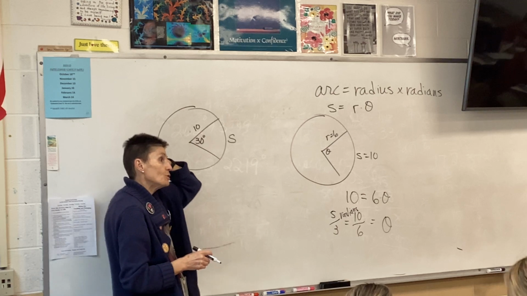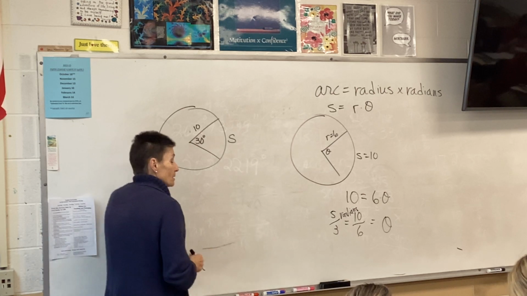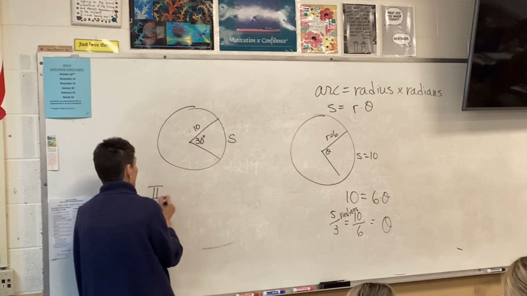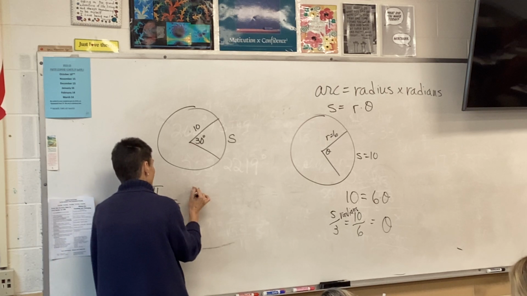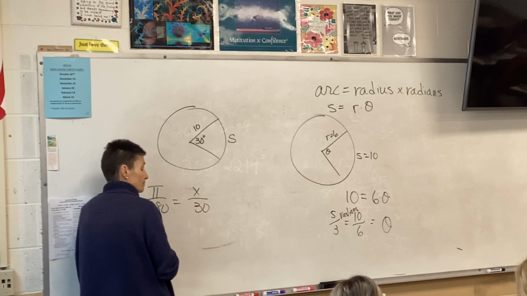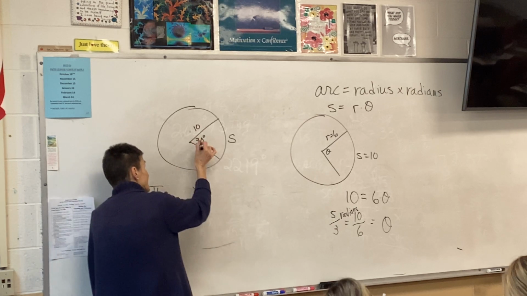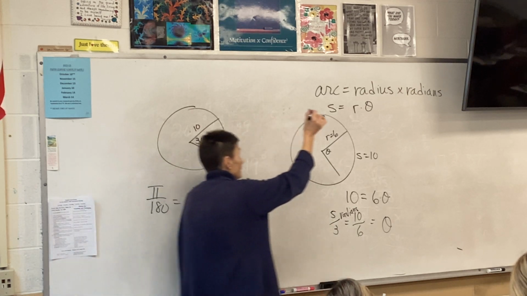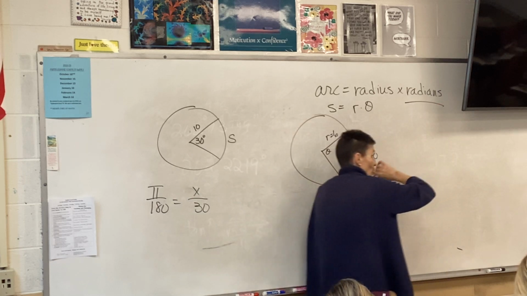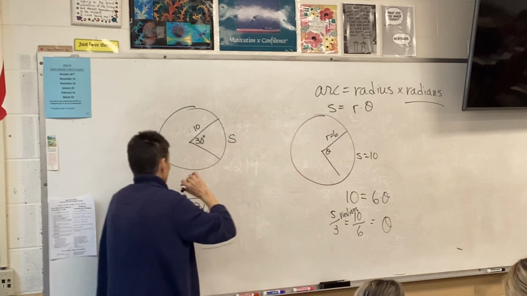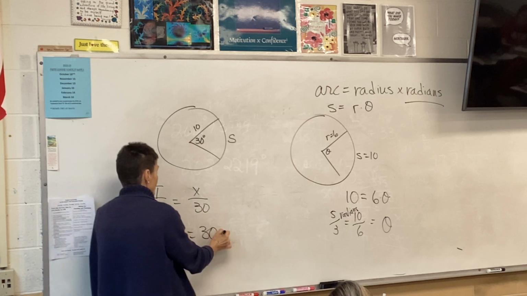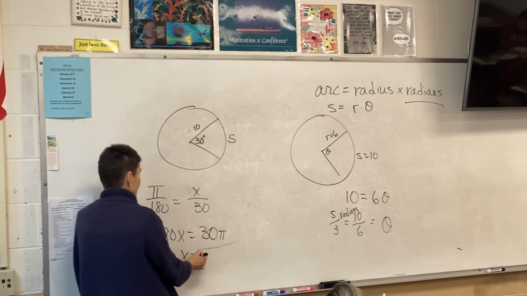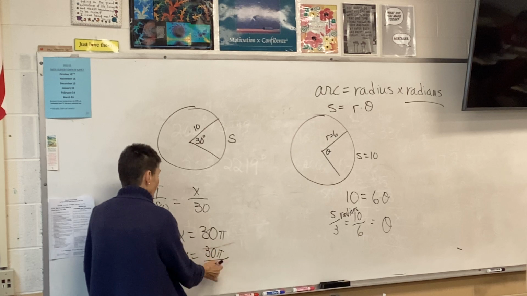Change it into radians. So pi over 180 equals x over 30. I need this angle to be in radians in order to do the problem.